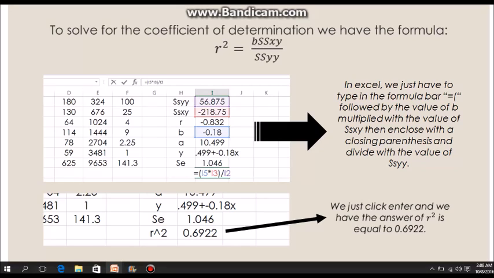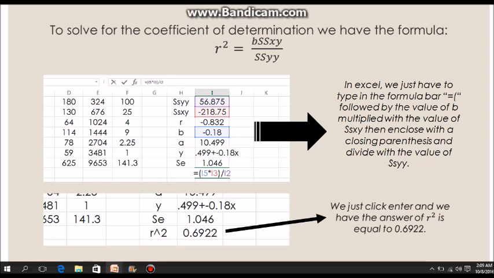To solve for the coefficient of determination, we have the formula r squared equals b multiplied by SSXY divided by SSYY.